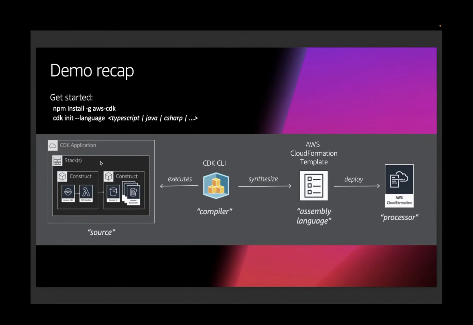So what you do is, you just install AWS CDK, then you run cdk init with language TypeScript, and then you write some code. When you execute it, it synthesizes the construct and your stack, and it creates an AWS CloudFormation JSON. So you don't need to worry about generating a CloudFormation template.